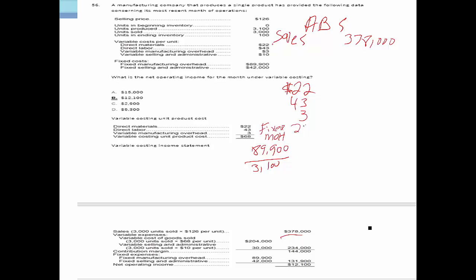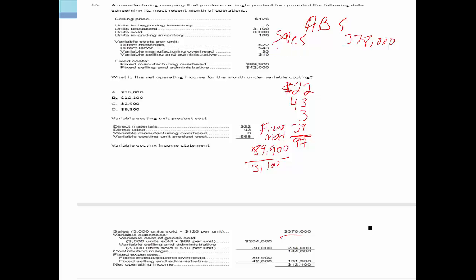Okay, so that's $29 per unit for my fixed overhead. And when I add all those up, what do I get? $97? Okay, good, $97 per unit.